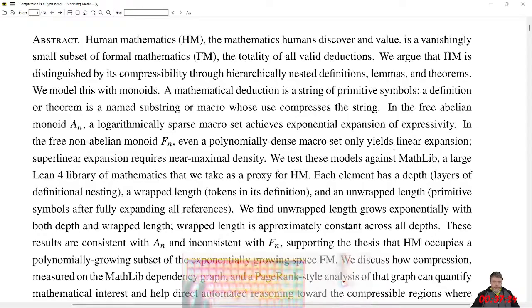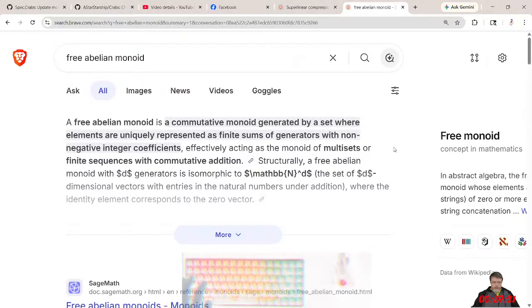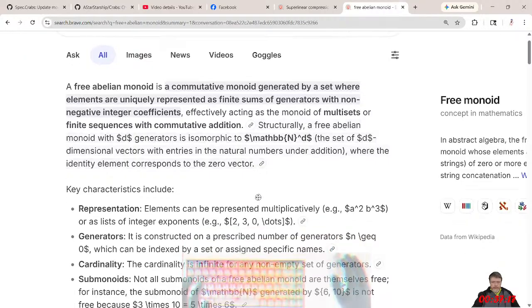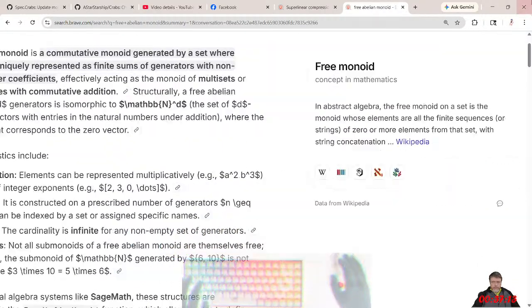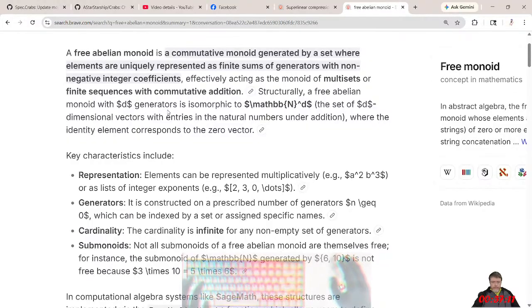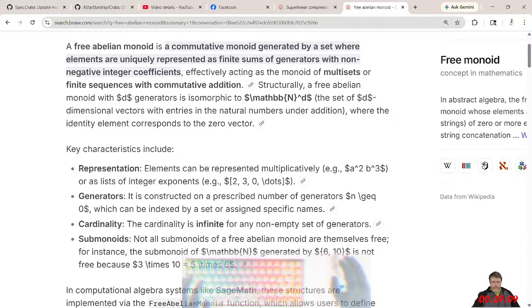Wait, what is the free abelian monoid? Free abelian monoid.